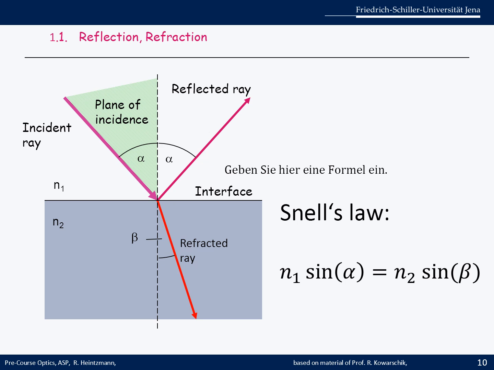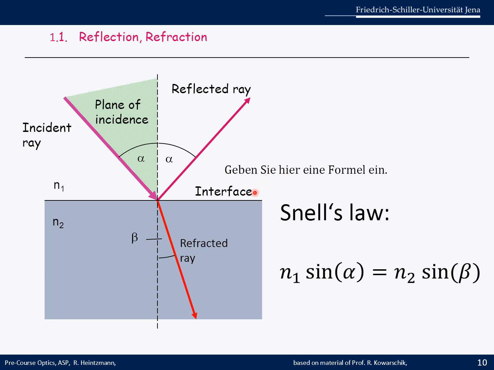If these numbers n1 and n2 differ, then the direction of the light ray will change inside the medium. Here we see, for example, the situation going from air into water. The light ray gets bent towards the normal of the interface surface. In addition to that transmitted ray, we also have a reflected ray going this way.